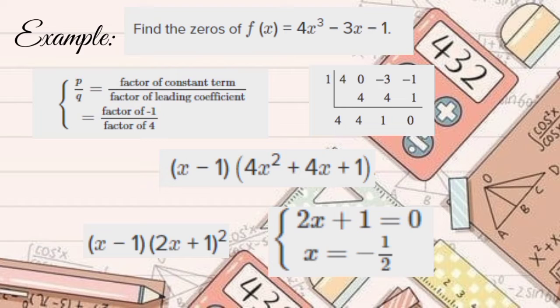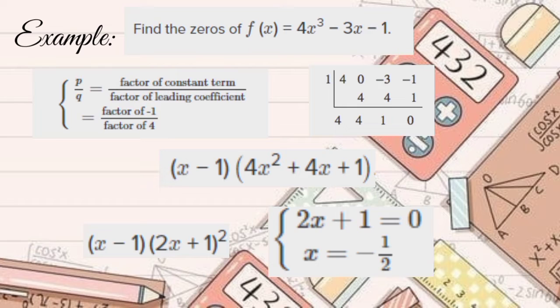For example, p over q equals factor of constant term over factor of leading coefficient, equals factor of negative 1 over factor of 4. The factors of negative 1 are positive and negative 1, and the factors of 4 are positive and negative 1, positive and negative 2, and positive and negative 4.